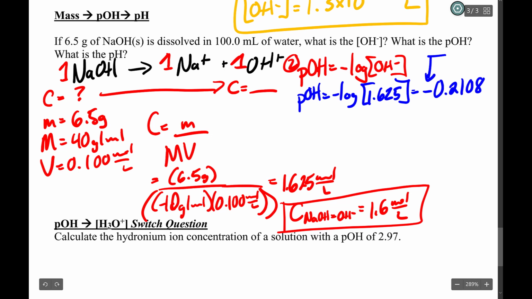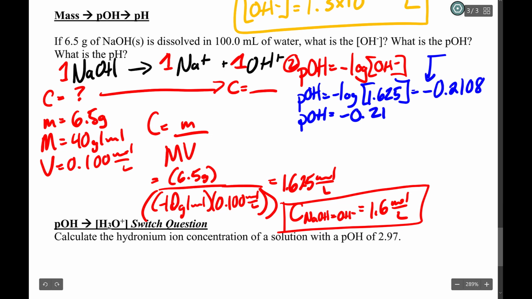Yes, people, pHs can go below 1, they could be 0, they can actually be negative, and yes, they can go past 14. This isn't super common, especially with household products, but it is in chemistry. So the pOH, if it was rounded properly, would be negative 0.21.